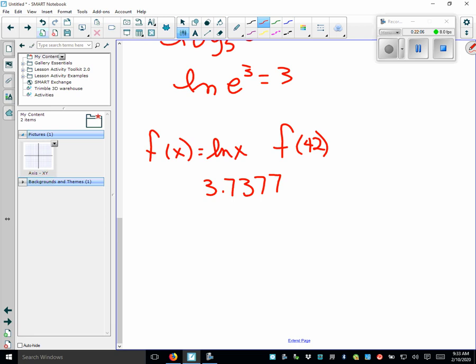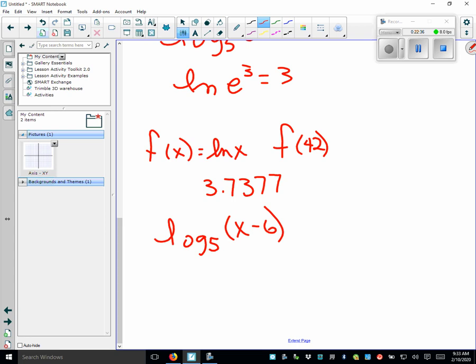Everybody's okay? All right. I'm changing directions. All I'm asking for on this problem is to find the domain. You know what domain means? So if I have log base 5 of x minus 6, how do I find the domain?